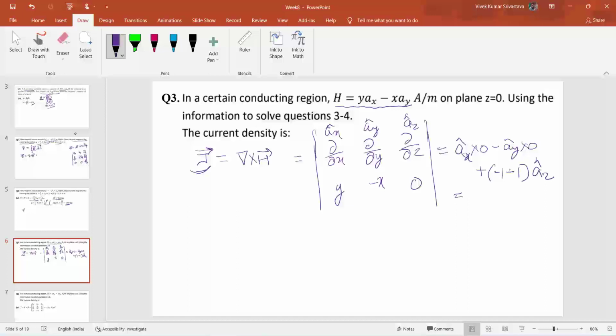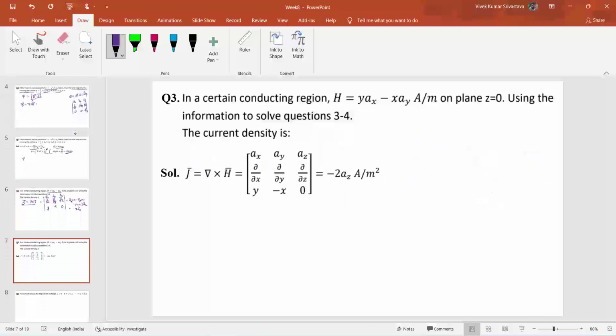Okay, so this will be equals to minus 2 az. So this is the current density that we can calculate by using this expression. This much ampere per meter square is the current density that we have calculated.